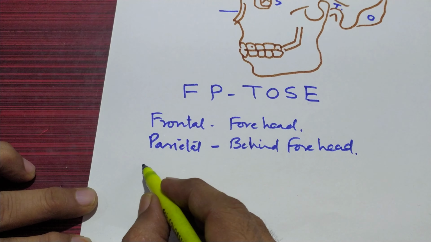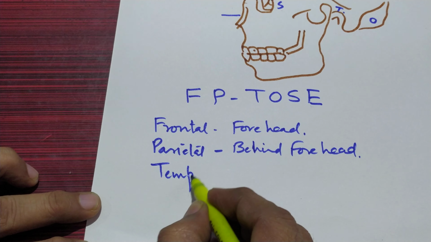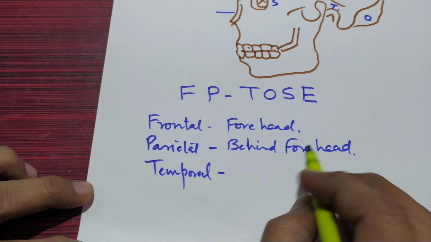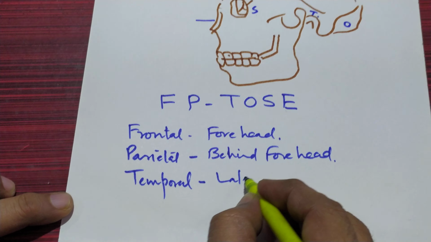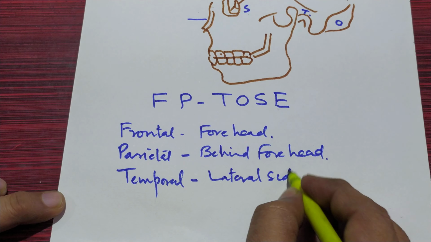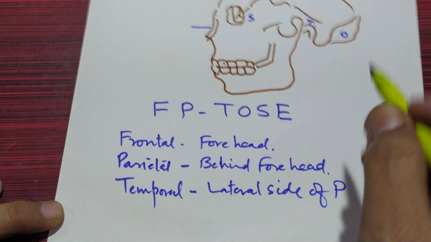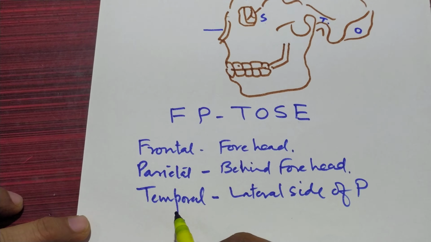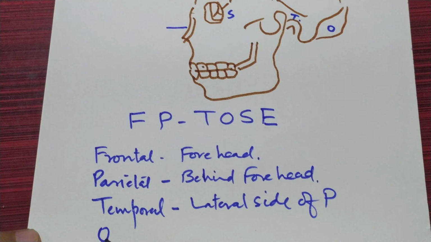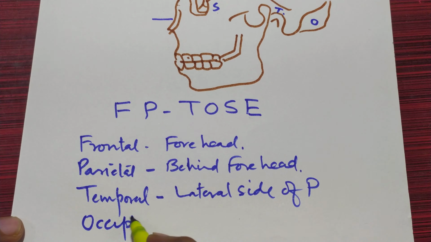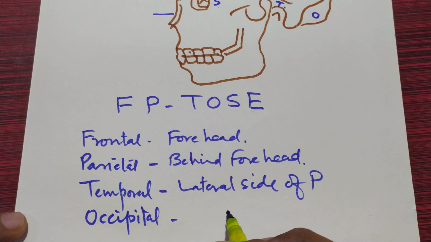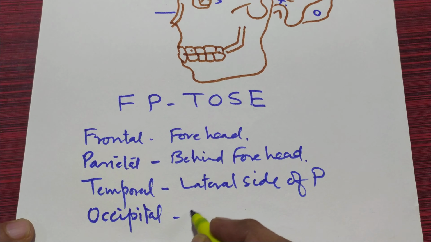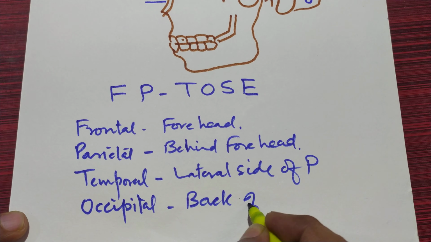Then T stands for temporal. On the lateral side of the parietal bones, this is the temporal bone. And O stands for occipital, the back of the cranium.